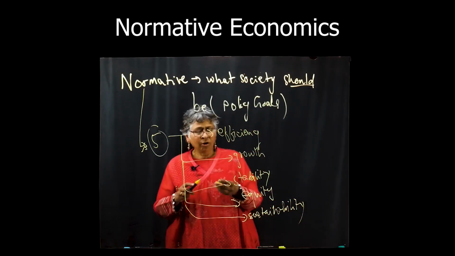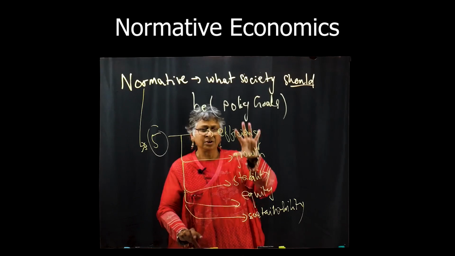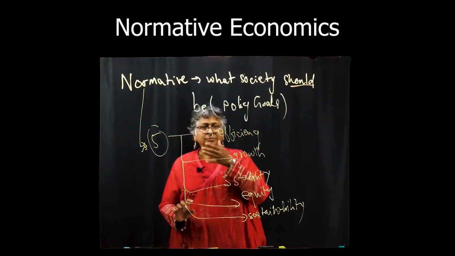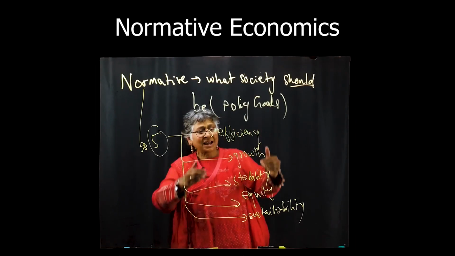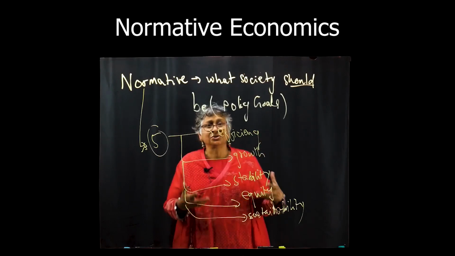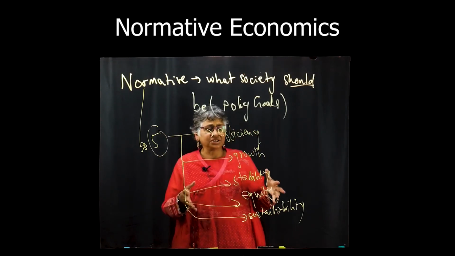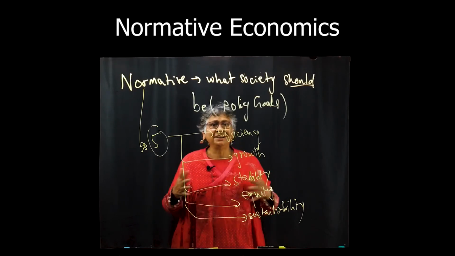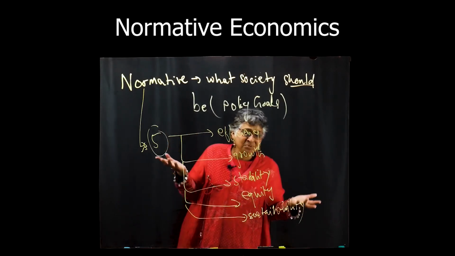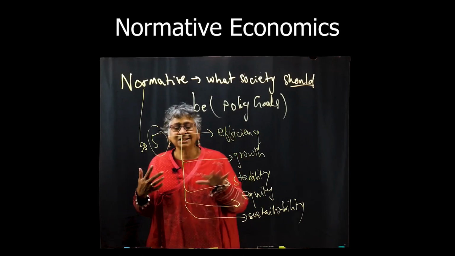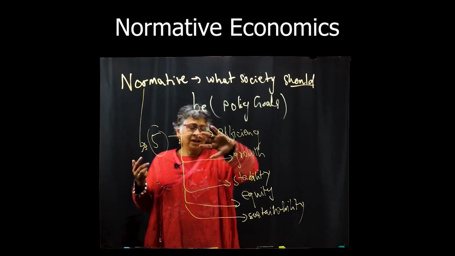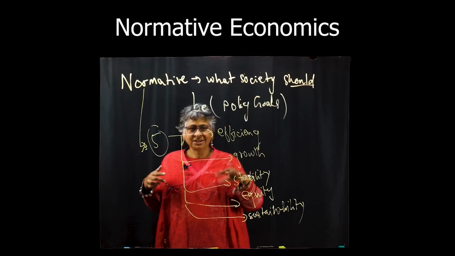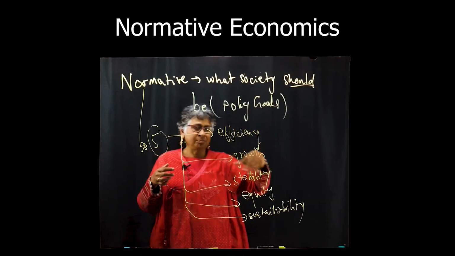Now, the order of these goals is not the same thing as the order of their importance. This is how they have emerged historically in our profession, but this does not mean that you personally or other economists, me personally, might not decide to highlight one of the other goals over, say, the one that's appearing at the top called efficiency.